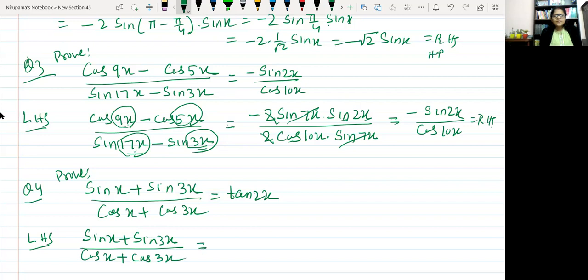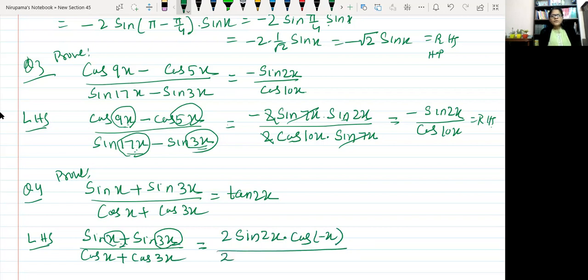So sin C plus sin D is 2 sin (C plus D)/2. C is x, D is 3x. C plus D by 2 is 4x by 2, right? Into cos (x minus 3x)/2, minus 2x by 2, means minus x.